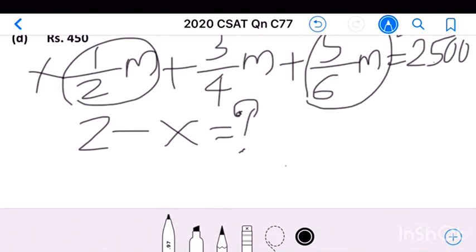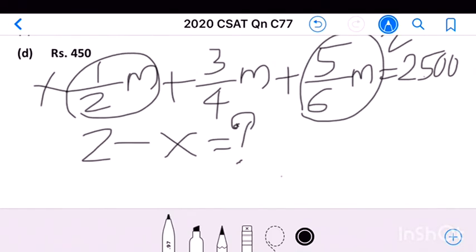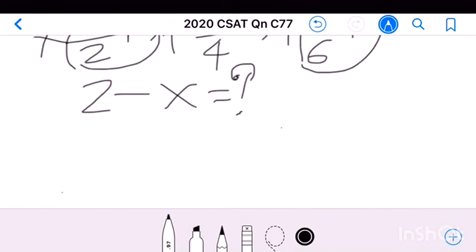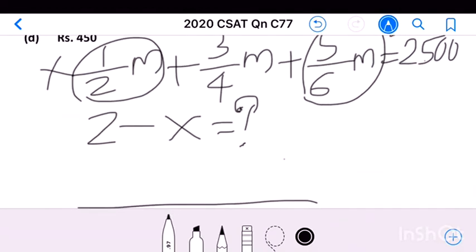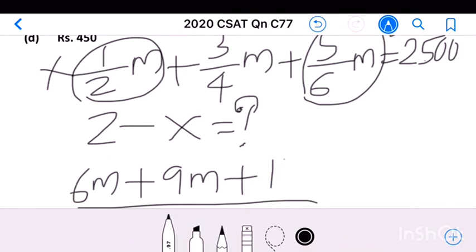Now let us find the value of m by solving this equation: 1 by 2m plus 3 by 4m plus 5 by 6m equals 2500. Then with LCM 12 in the denominator, 6m plus 3 into 3, 9m, plus 5 into 2, 10m equals 2500.